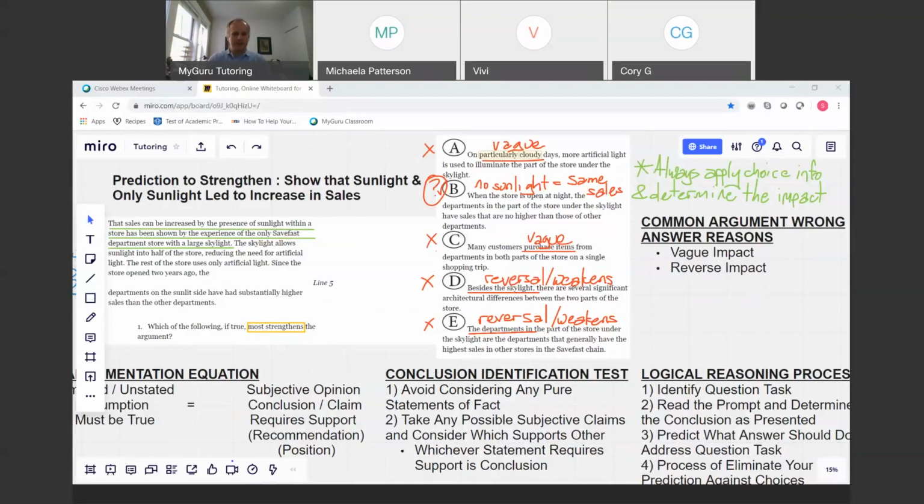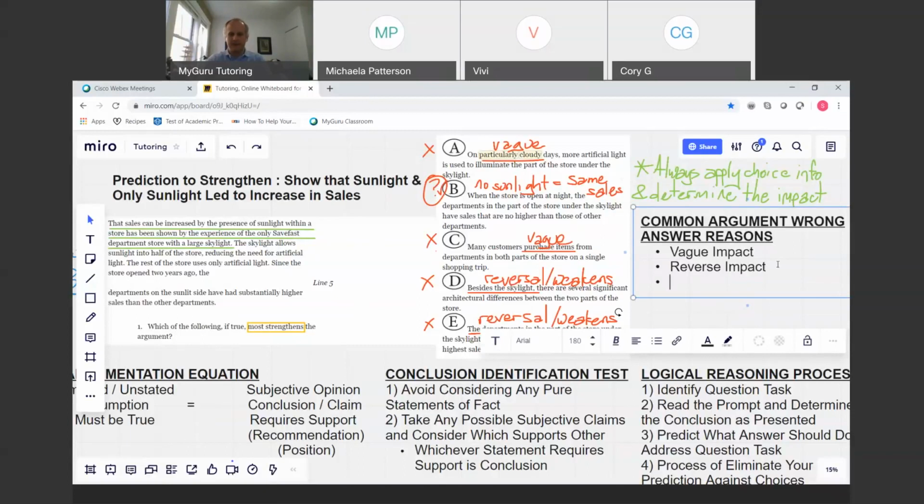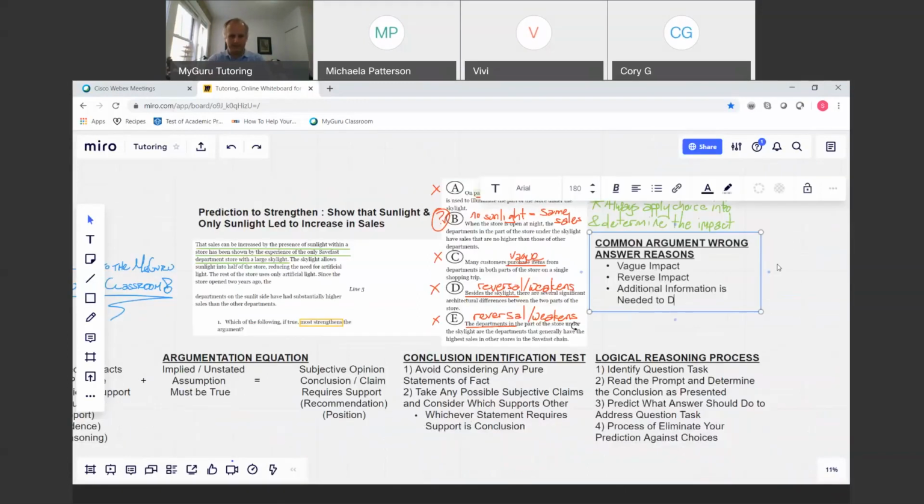So just to kind of put a bow on our common argument wrong answer reasons. You saw the two big ones, vague impact and reverse impact. You have to make sure that you can identify the definition of any term or quantity within your answer choices. Now you also have something where additional information is needed to determine the impact.